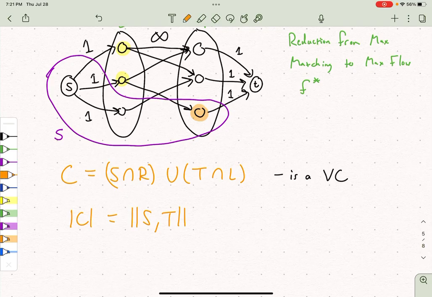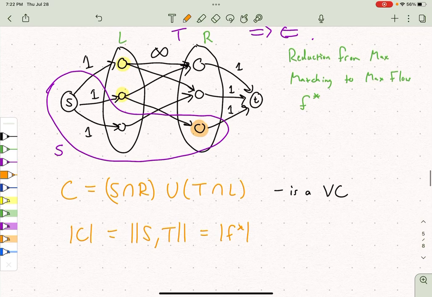All right, and what's the size of this cut? Well, because it's a min cut by the max flow min cut theorem, this is the size of the flow. And we know from the reduction that the size of the flow, we proved this already, is equal to the size of a max matching.